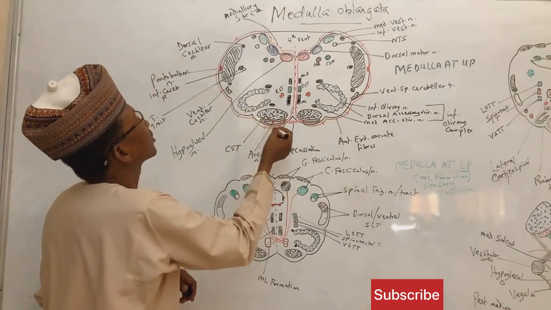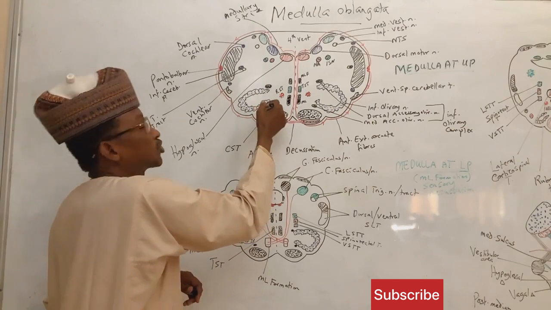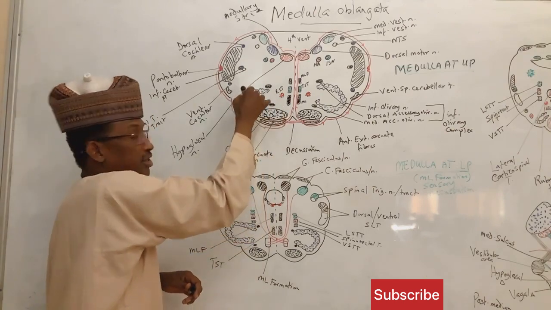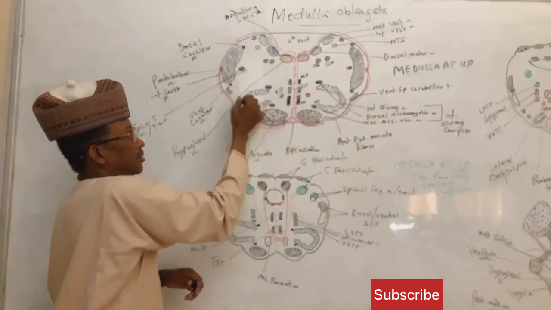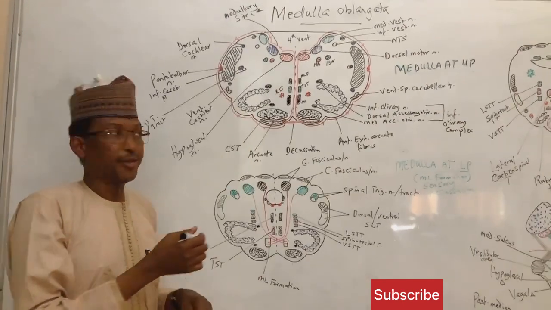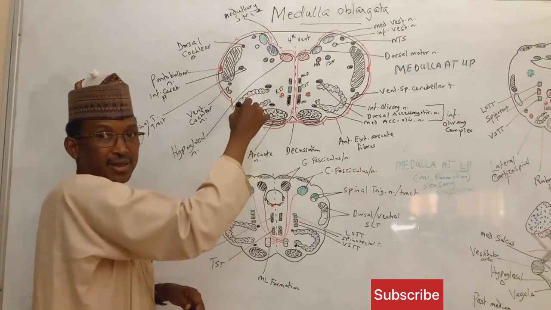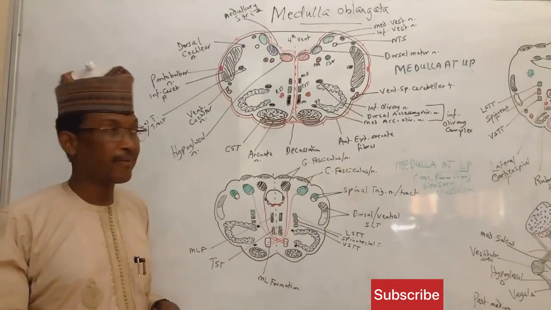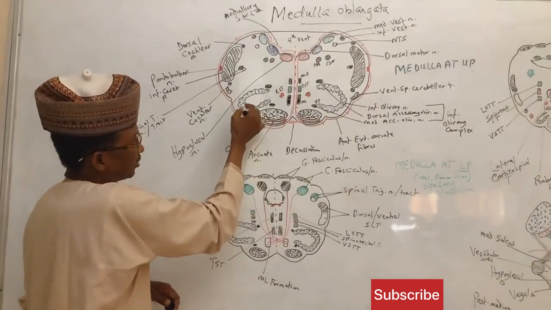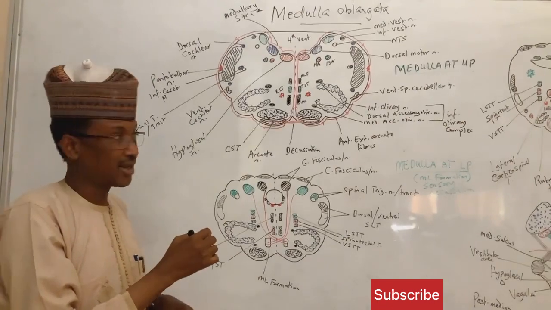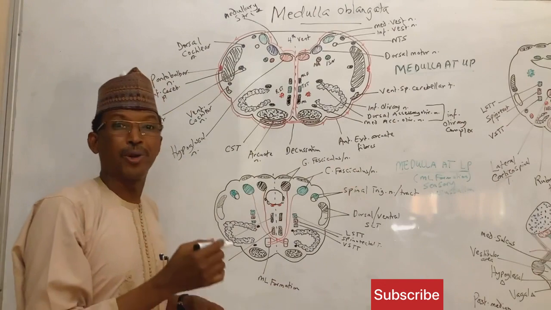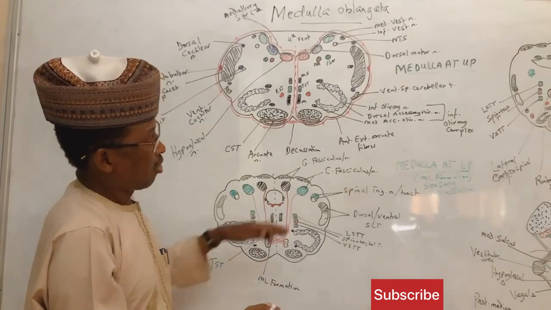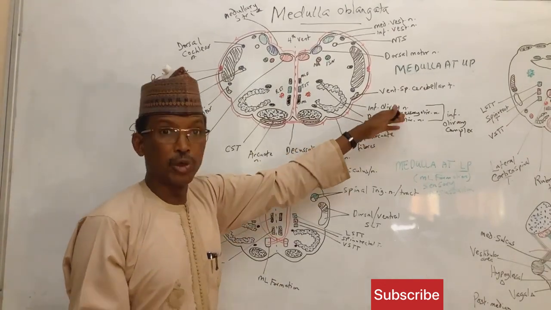So now, just posterior lateral to each of these corticospinal fibers, you have this olivary complex. This olivary complex is made up of 3 groups of nuclei. The first one, which is very important and very big, is what we call the inferior olivary nucleus, or principal olivary nucleus. Are you clear?